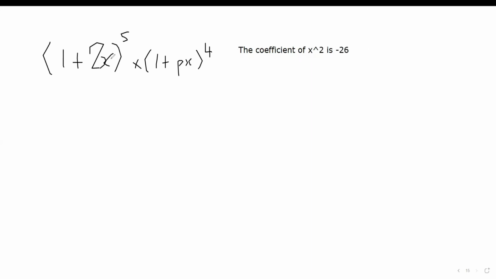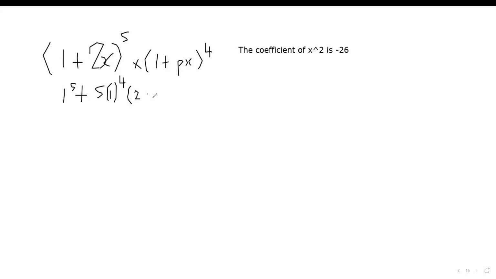We're going to expand this to the fifth power. Remember, it's the first term to the fifth, plus 5 times the first term to the fourth times the second term to the first power.